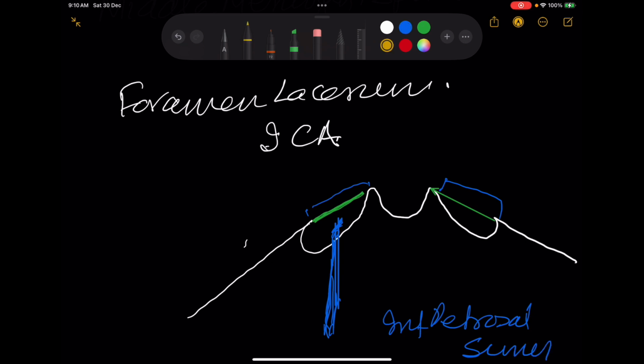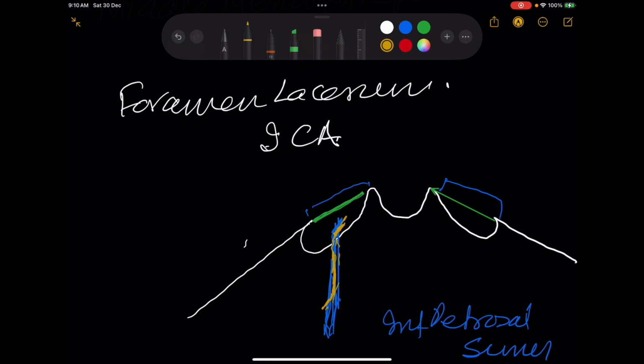And in this inferior petrosal sinus, the sixth nerve arises from the anterior surface of the pons, enters this inferior petrosal sinus and passes into the cavernous sinus with it.